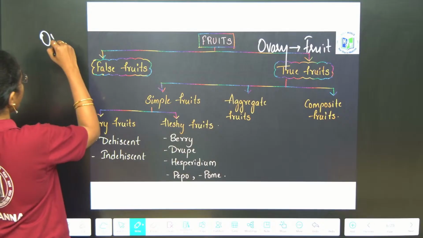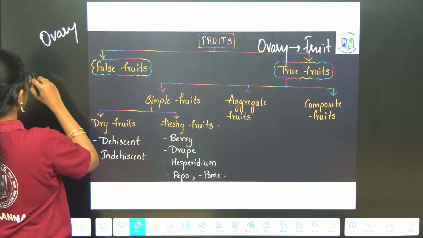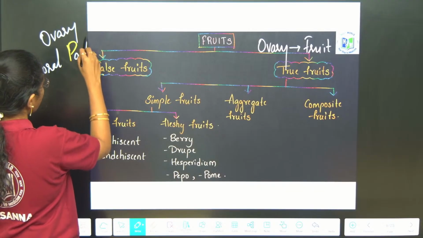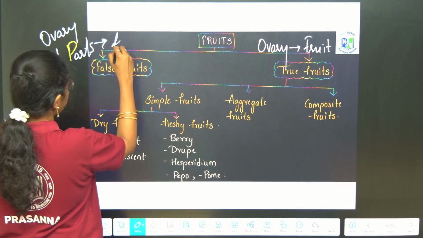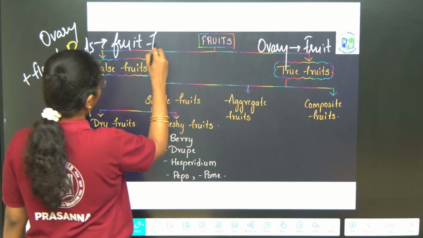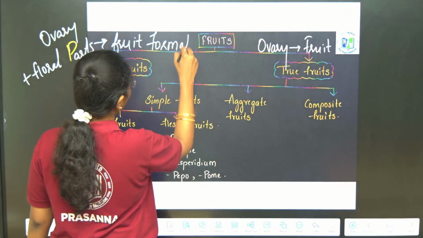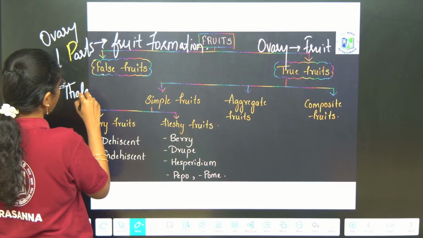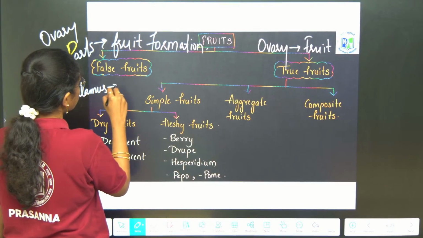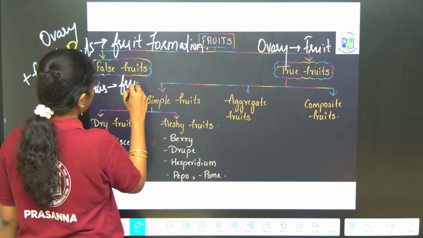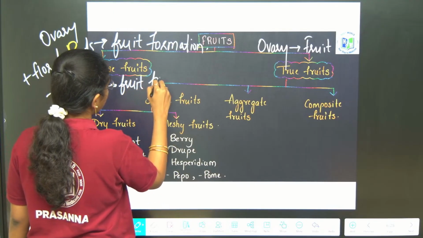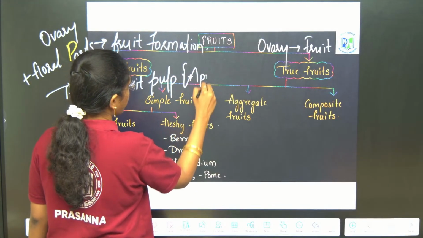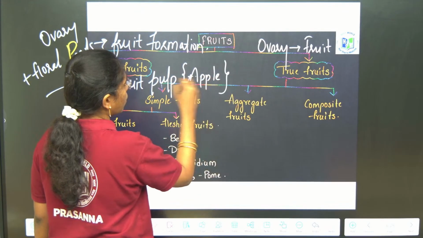Along with the ovary, any other floral parts involved in fruit formation, for example the thalamus turns to fruit pulp in apple, make it a false fruit.